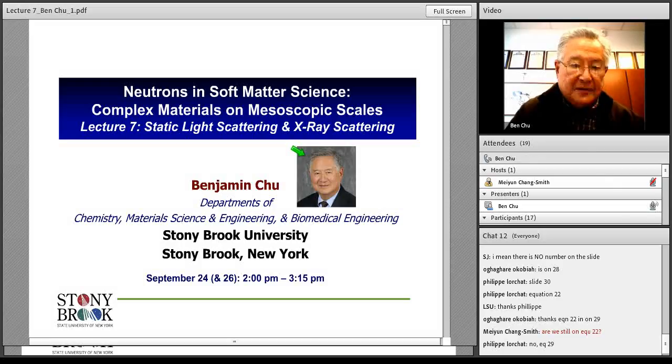Now, how do we do that? Then let's go through a little bit of the experimental parts of the light scattering, so you get some feeling of that. This is the part related to the detection optics.